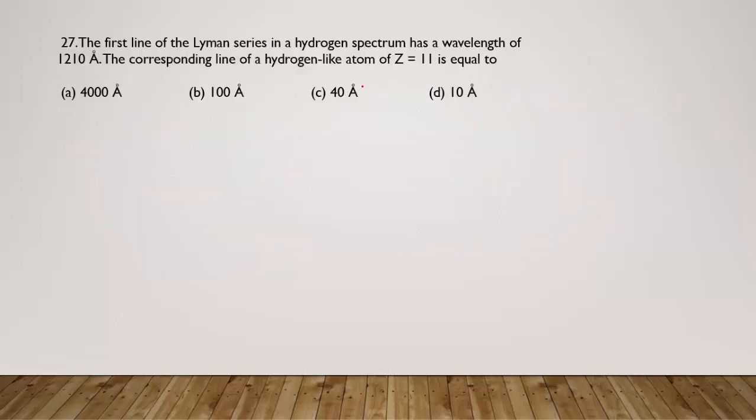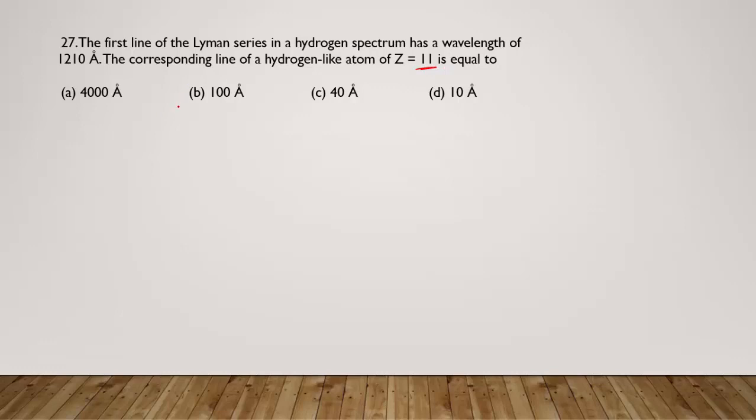The next question is: the first line of the Lyman series in a hydrogen spectrum has a wavelength of 1210 angstrom. The corresponding line of a hydrogen-like atom of Z equal to 11 is equal to?